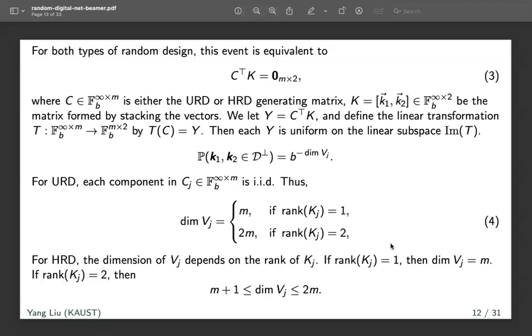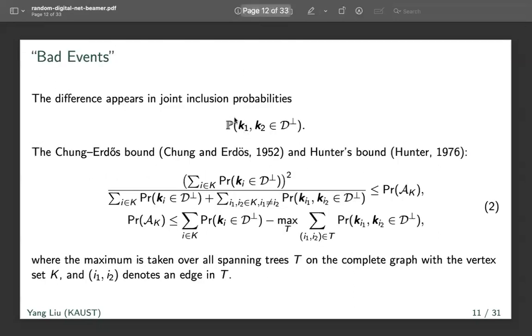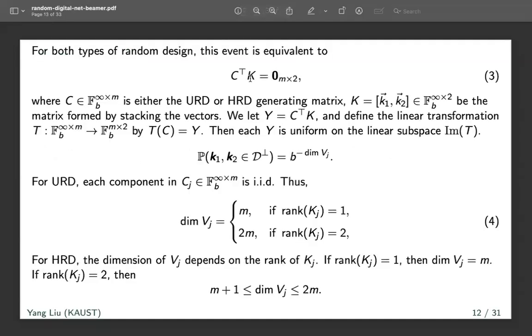Okay, this is kind of heavy, but for both types of randomized design, this joint inclusion probability is equivalent to the event where the generating matrix C transpose times K equals the zero matrix, where K is the matrix that consists of the two vectors k1 and k2.